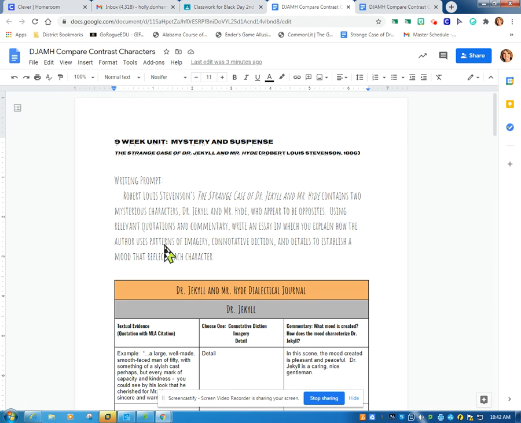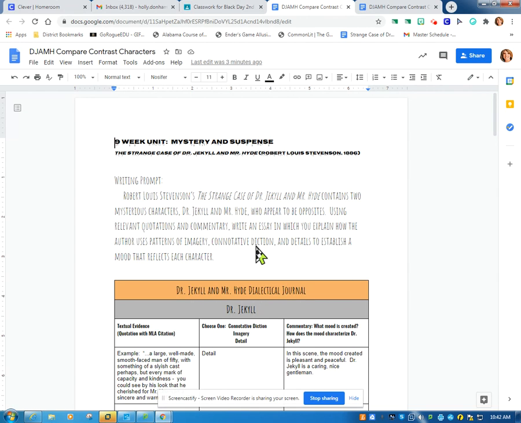Okay? So when the author uses words, because that's all the author has, he has to choose certain words to create characters and to create mood. So he has to use imagery, things that you can visualize and see in mind pictures. Or he has to use connotative diction.